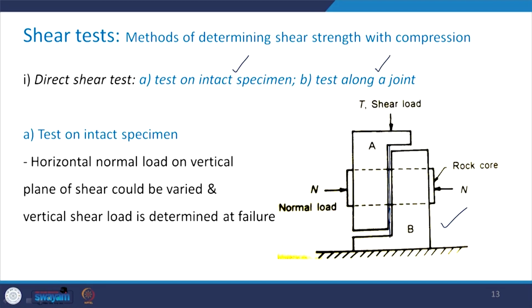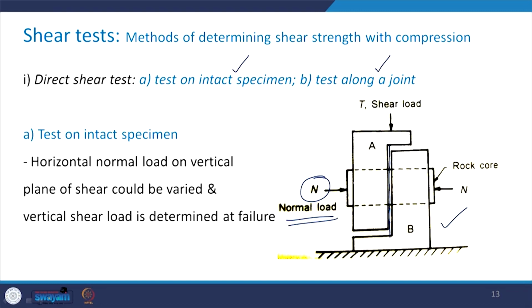Perpendicular to that, the normal load N has been applied in this case, which was not there in the earlier cases. So, in this case the horizontal normal load on the vertical plane of shear is applied, and that could be varied.